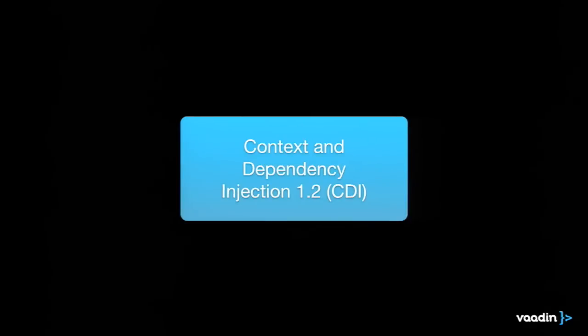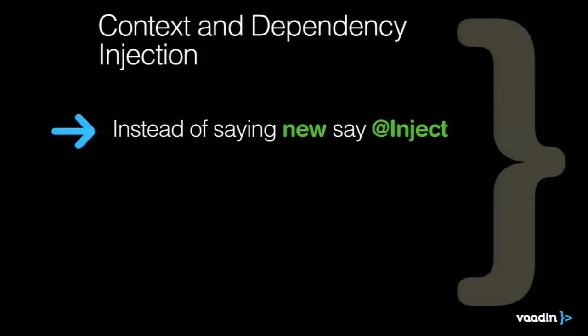Well, what about CDI then? This is not really a new part, but something that was also introduced in EE6, the context and dependency injection. Not too many were using CDI here, so I think this point really concretizes the whole thing. Instead of saying new, you say inject with the annotation.